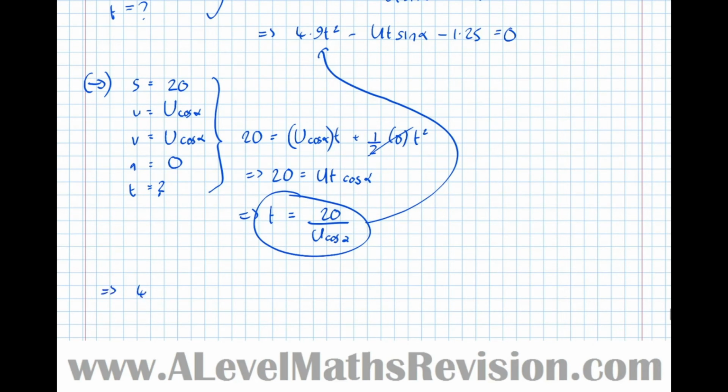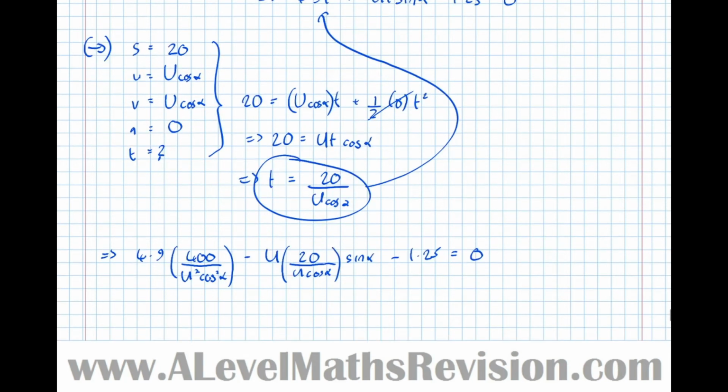which means that 4.9, I've got 20 squared over u squared cos squared alpha, so 400 over u squared cos squared alpha minus u times t, which is 20 over u cos alpha times sine alpha minus 1.25 equals 0.